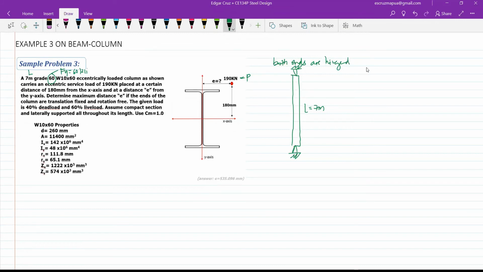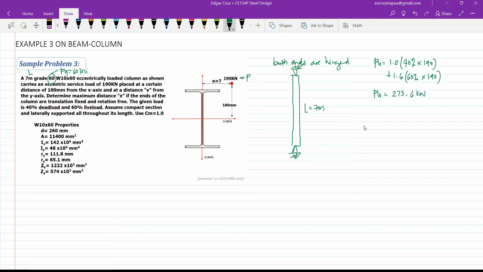If we solve for the P ultimate, that would be 1.2 of the dead load, which is 40% of the 190, plus 1.6 of the live load, which is 60% of the 190 kilonewton. From there, I could solve for the P ultimate. P ultimate would be 273.6 kilonewtons. So that is the ultimate.